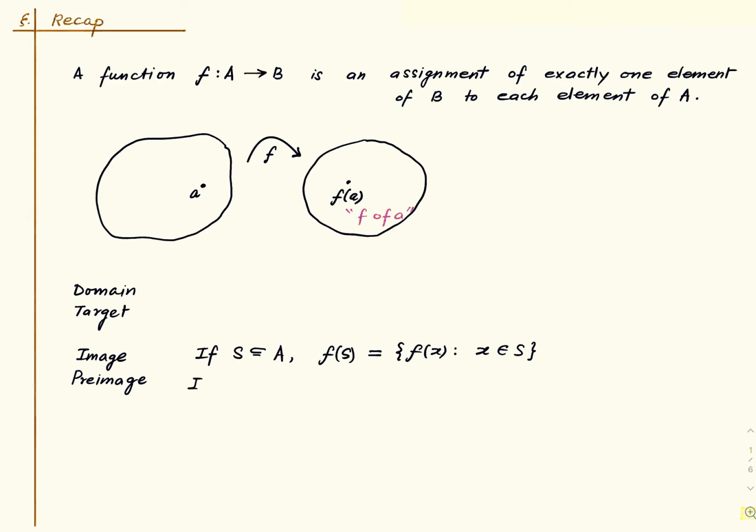So this time, if you have a subset T of the target, then the pre-image with respect to f of this set is all those points in the domain which map into the set T. And this may very well be empty. This could be an empty set. Okay, so let's continue.